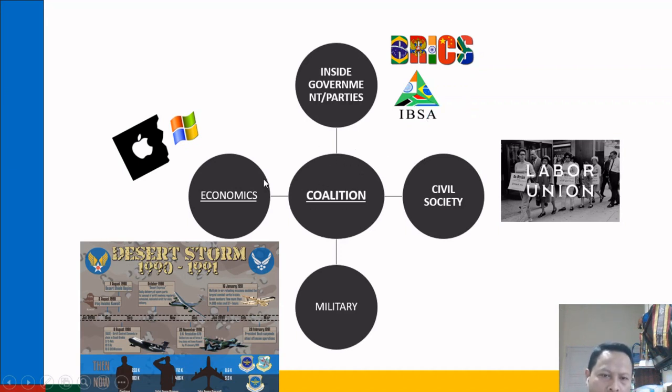Coalition also occurs in economics, like the Apple and Microsoft coalition, in civil society like labor organizations, and in the military, of course, like Operation Desert Storm in the Cold War. This was among U.S. allied forces, with the U.S., Germany, England, and Australia also involved in this coalition. It was dismissed after the Desert Storm operation.